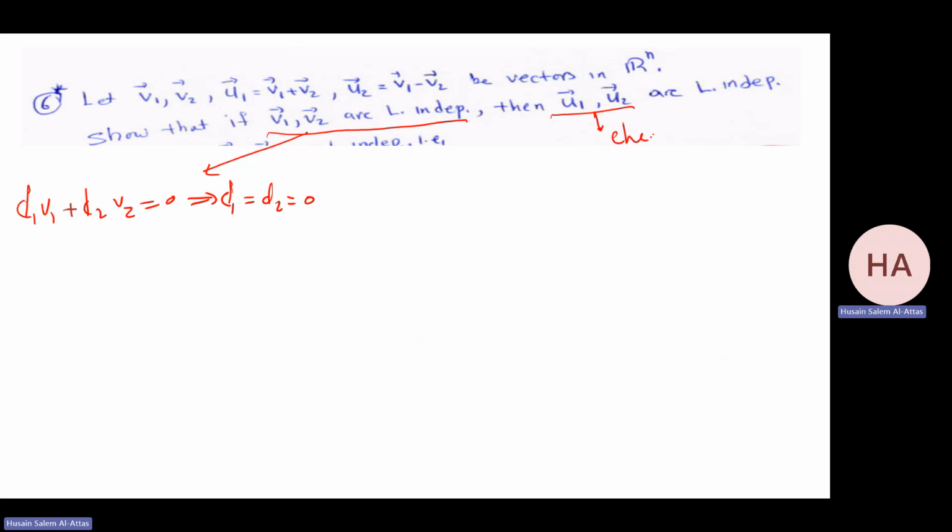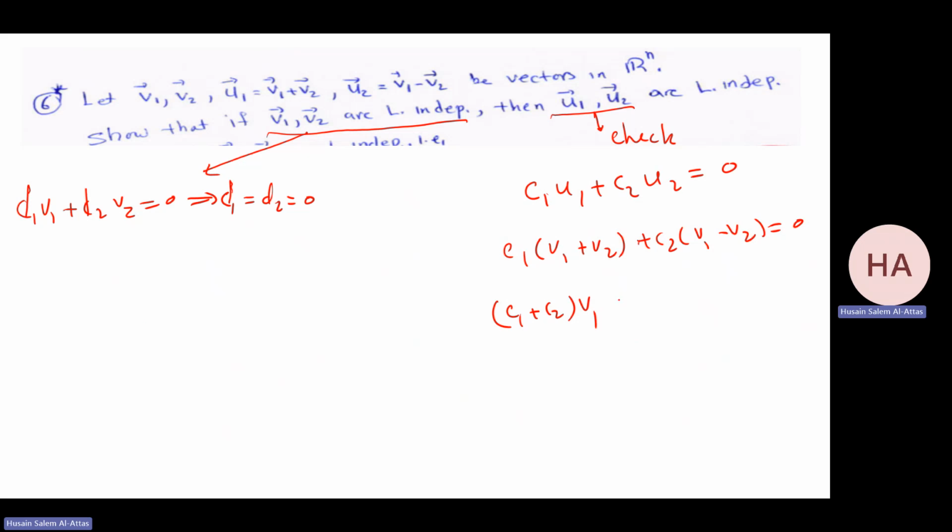How to check? I solve this system: C1 U1 plus C2 U2 is equal to 0. That means C1 (V1 plus V2) plus C2 (V1 minus V2) is equal to 0. So I have (C1 plus C2) V1 plus (C1 minus C2) V2 equal to 0.